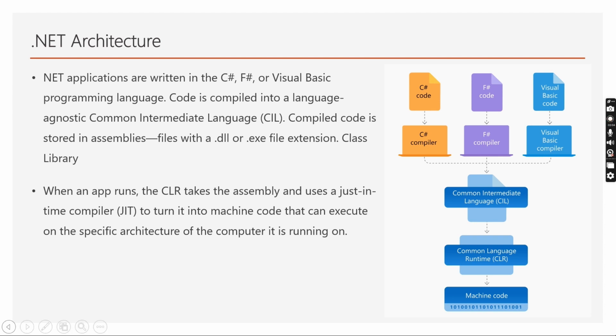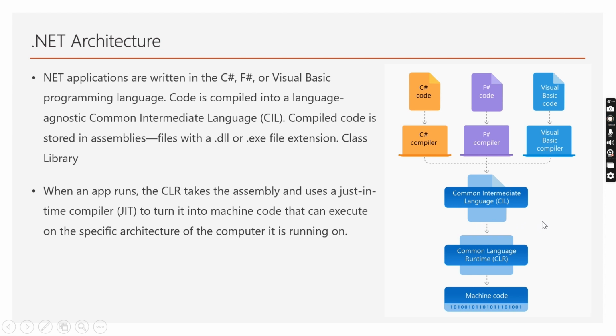Each language has a different compiler, and the respective compiler will compile the code and convert it into the common intermediate language. The code in CIL will be stored in assemblies like DLL and .exe files.